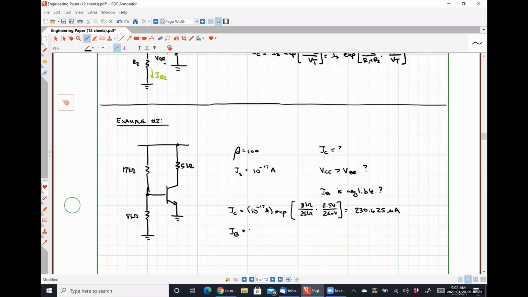From this, IB, which is simply 1 over beta IC, is 2.306 microamps. All right.